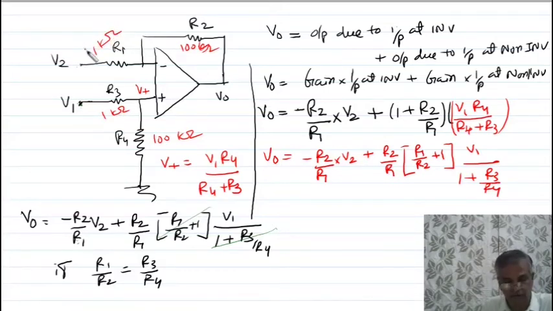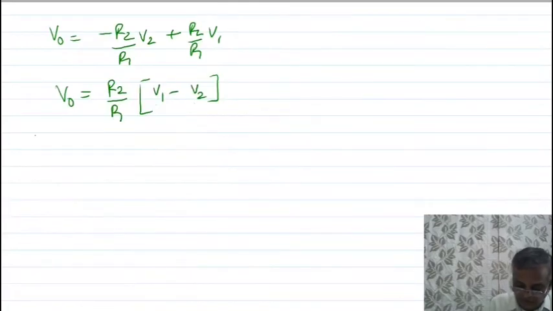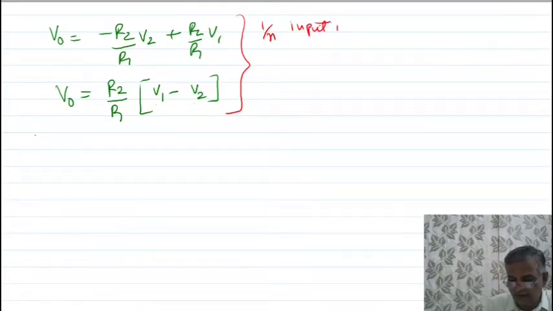Remember, this is very important. Input impedance seen by the V2 is 1 kilo ohm, and input impedance seen by the V1 is nothing but R3 plus R4. So look here, the input impedance seen by V1 is R3 plus R4.